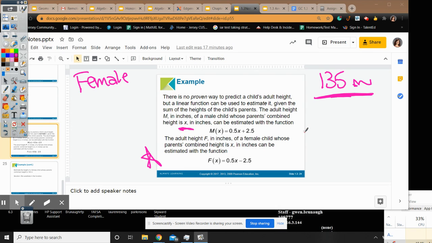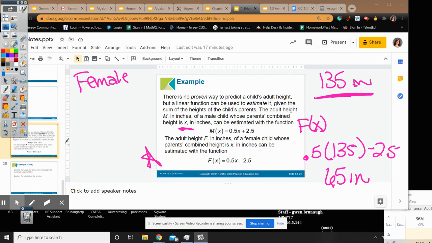So all you have to do to figure out f of x is take 0.5 times 135 minus 2.5. Plug that into your calculator. I turned my calculator off, it looks like. And I'm getting 65 inches. So 65 inches would be the predicted height of this child.